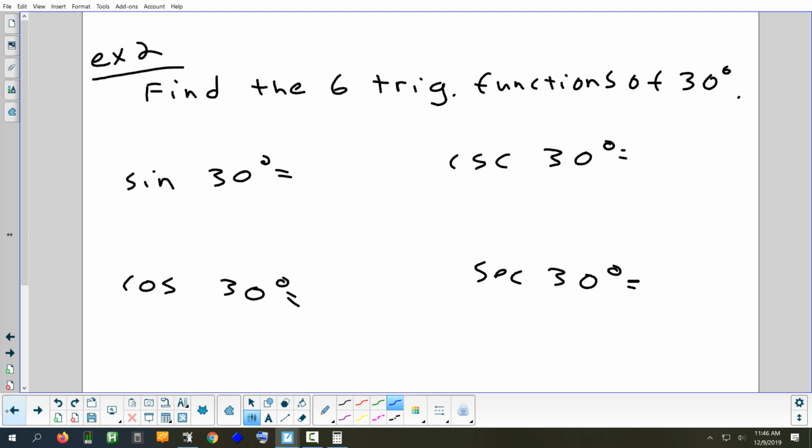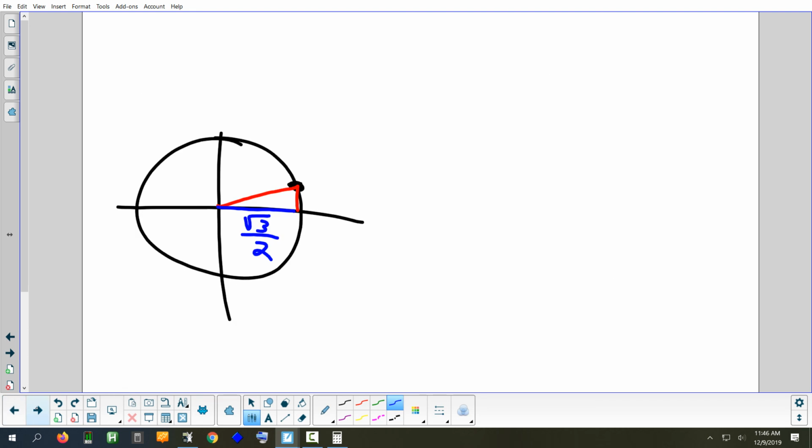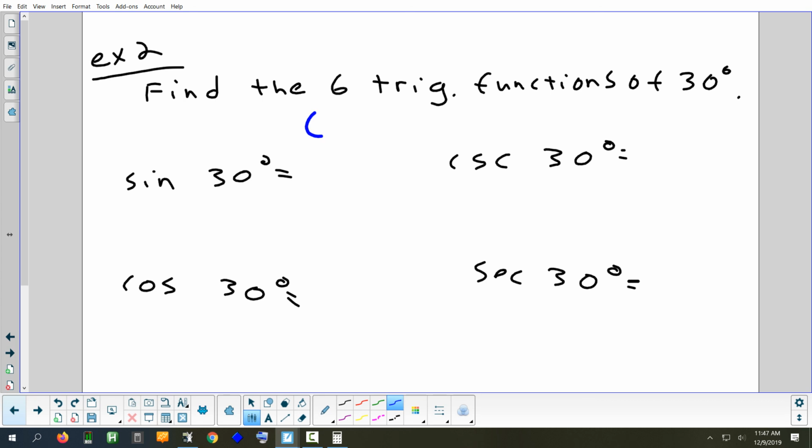So we're dealing with an angle that's a 30 degree. In a problem involving a multiple of 30, how long is the short side? 1/2. So your coordinate is x comma y, square root 3 over 2, comma 1/2.